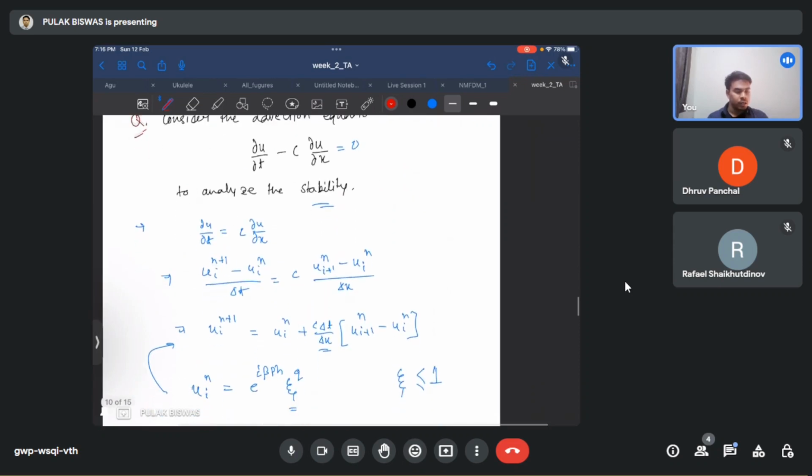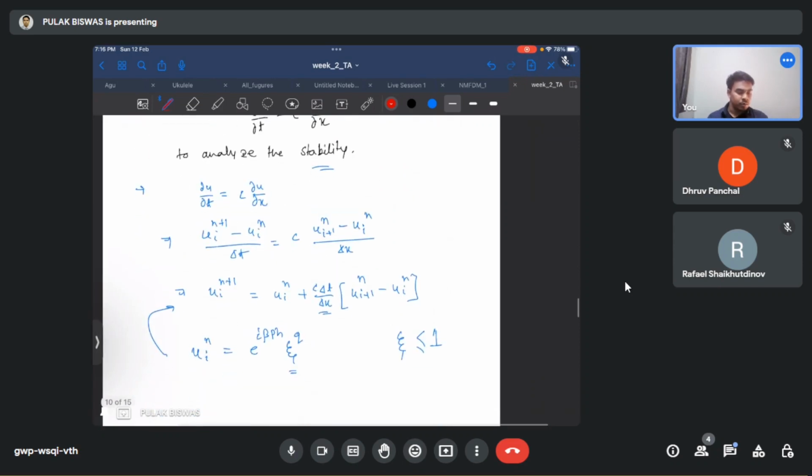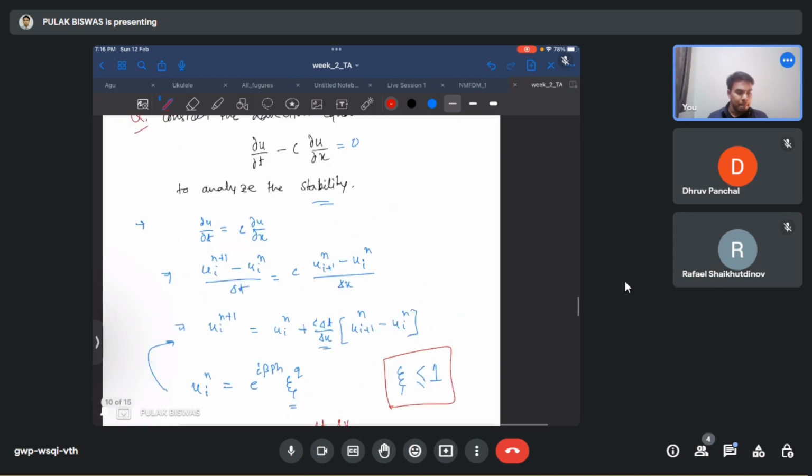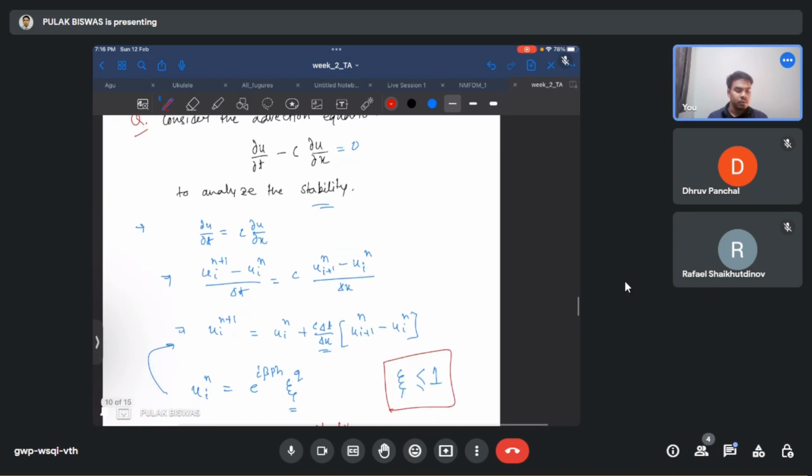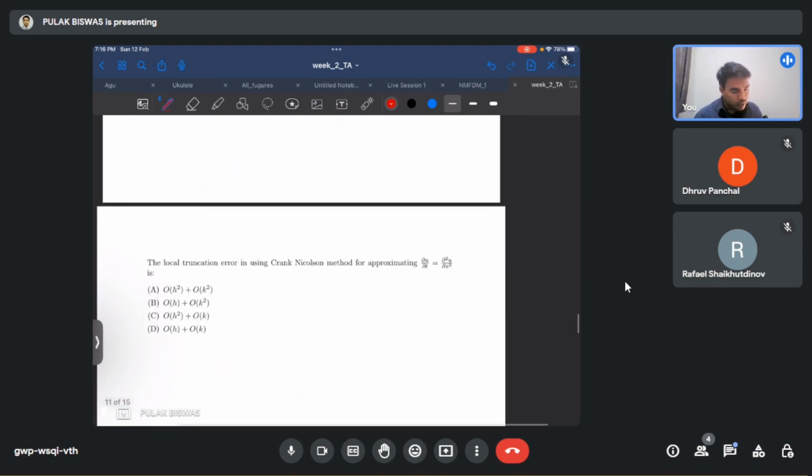Similarly, for this equation, this problem, you can apply this constant to find the relation between delta t and delta x. Something will come, and it differs for different schemes. If you had used central difference for this one, then the criteria would be different. So you can try that way.